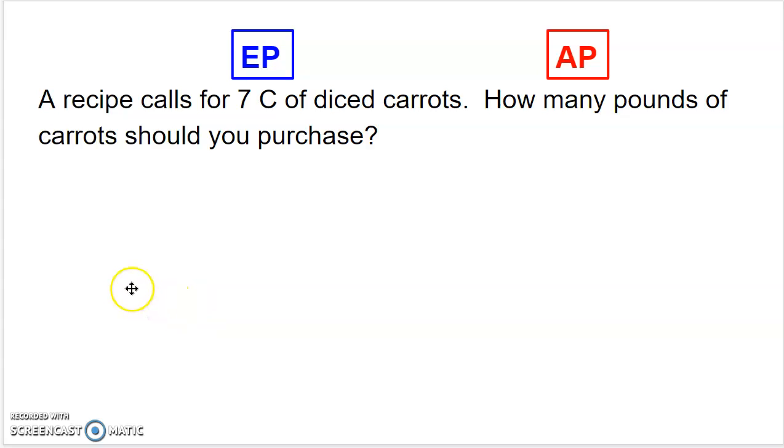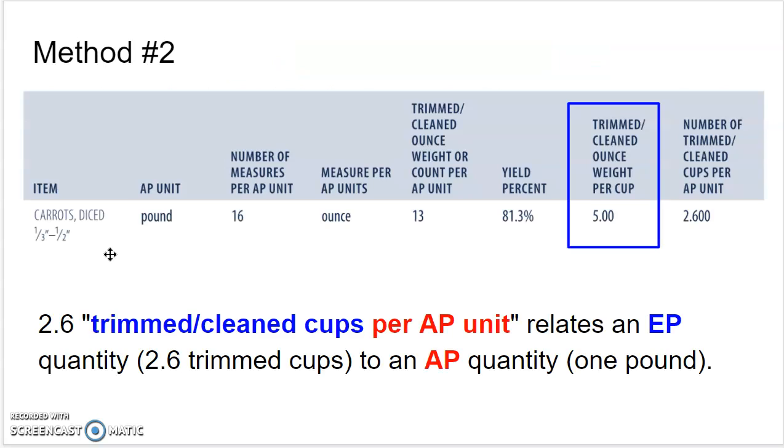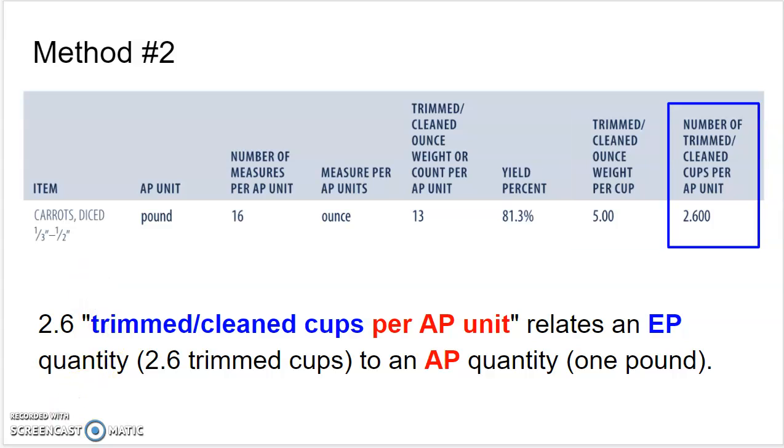There's another way to do this problem. We're back to the same problem, and we're going to do it a second way. Method number 2: we're going to use a different column. This one says number of trimmed clean cups per AP unit.